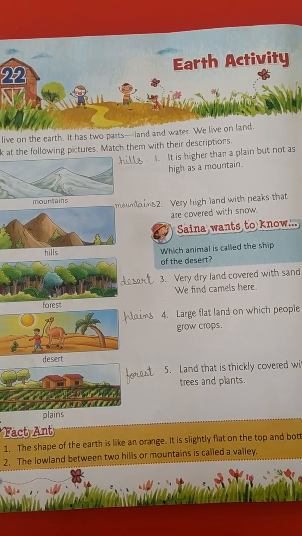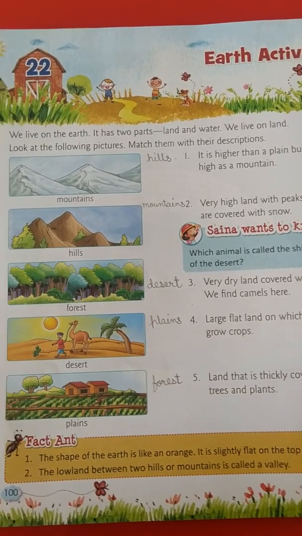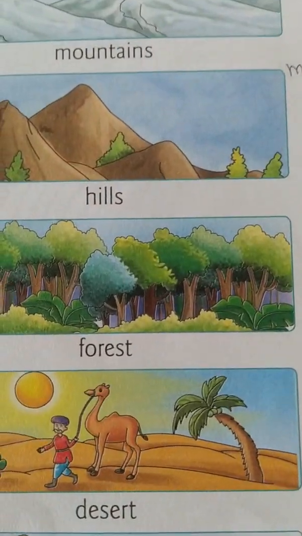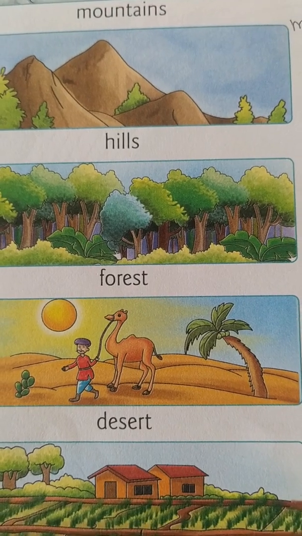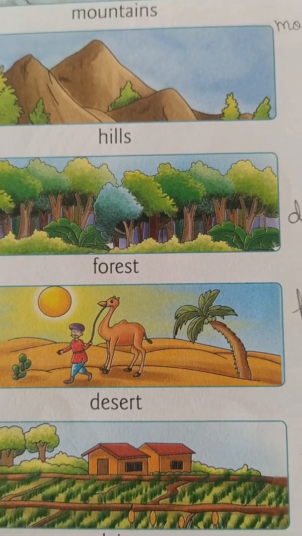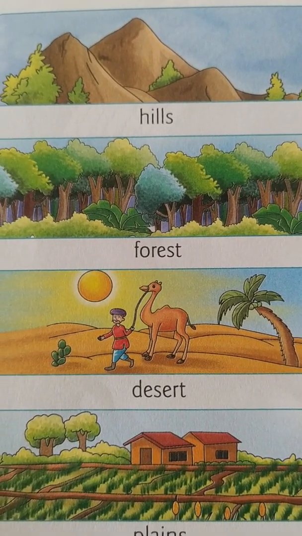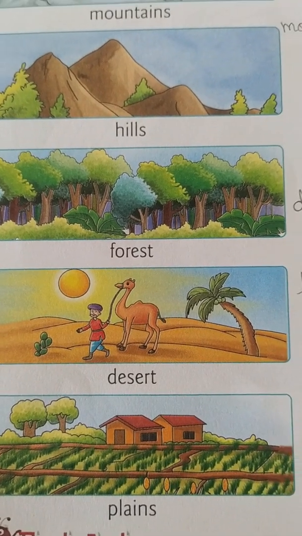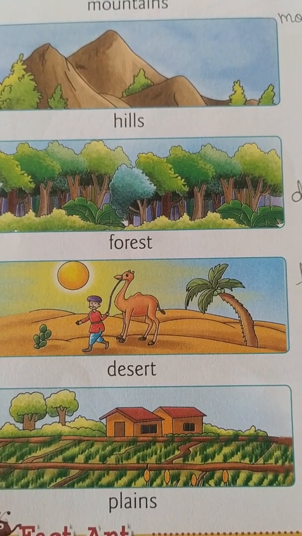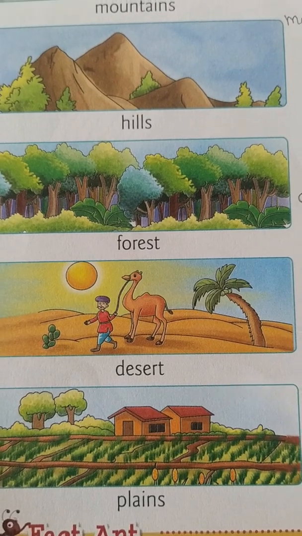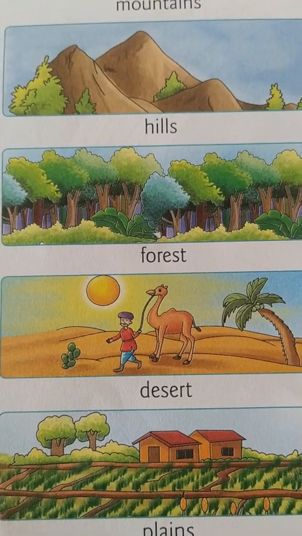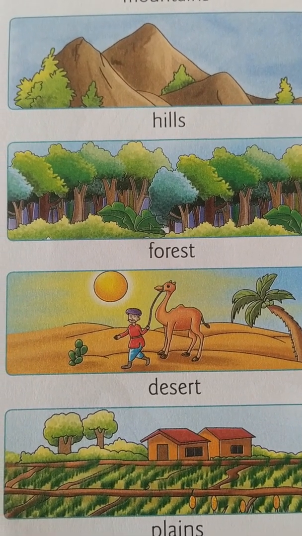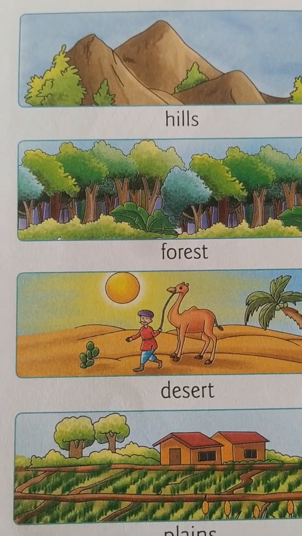Why so? You all have seen a camel. A camel has long feet. These feet help it to walk on the sand for a longer period. You know, the sand is very hot, but with the help of these long feet, the camel doesn't feel that hot. Secondly, the camel has a hump on its back.